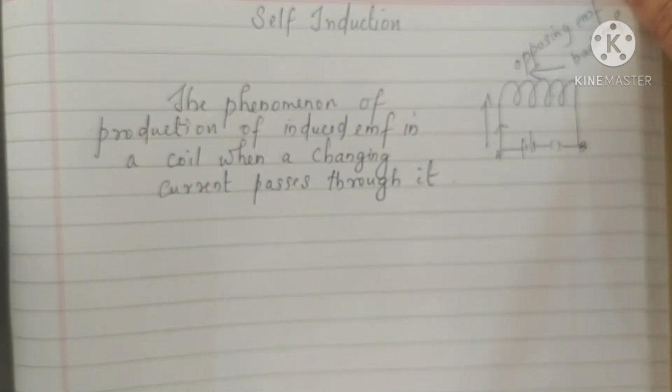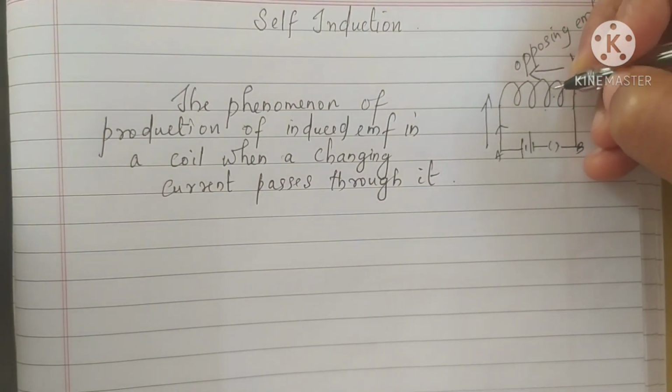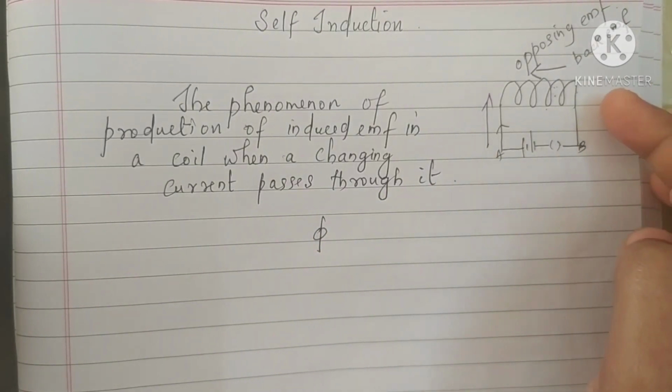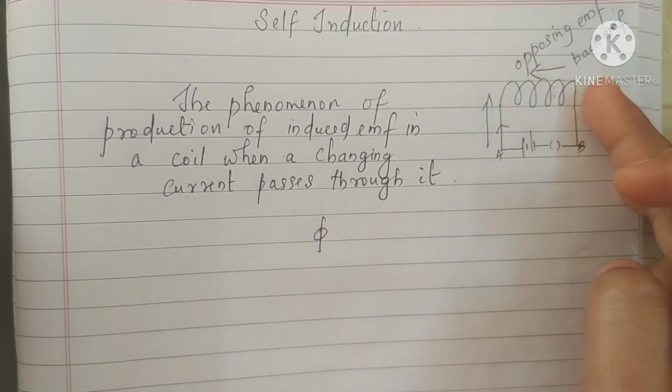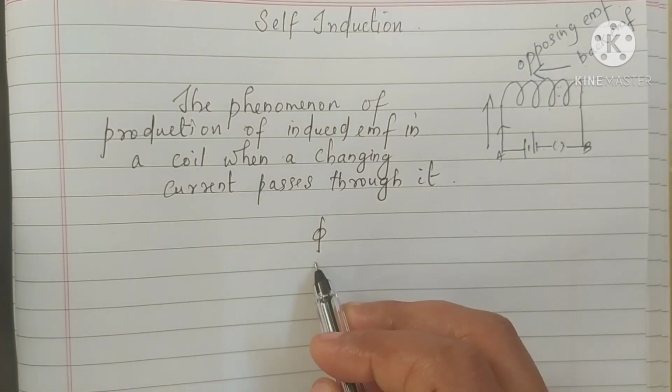Now, at any instant, you can see that the magnetic flux phi linked with a coil is proportional to the current I. As the current increases, the flux increases.